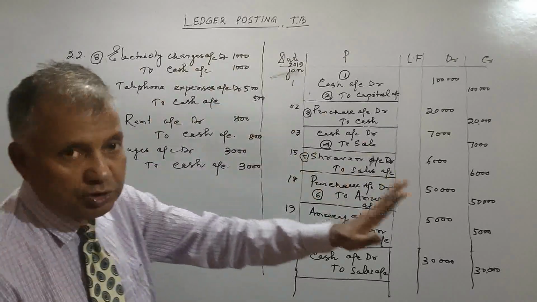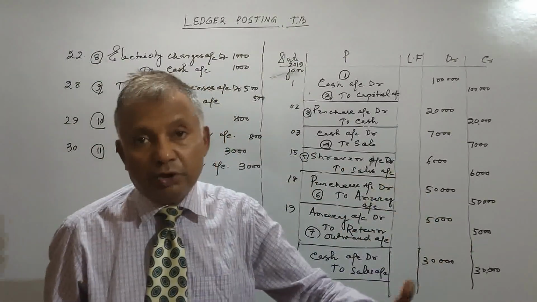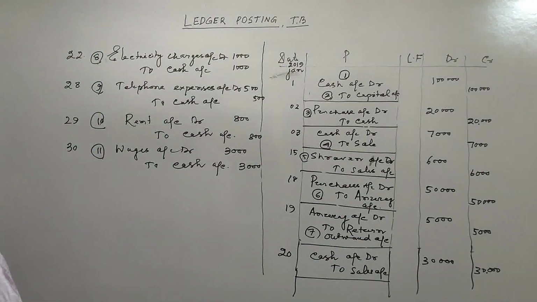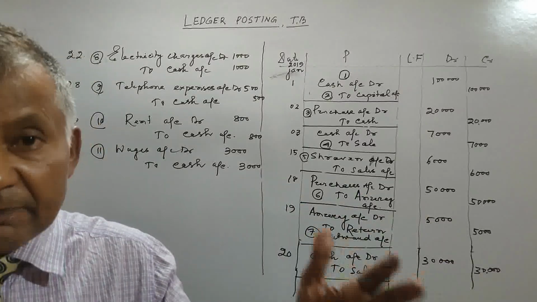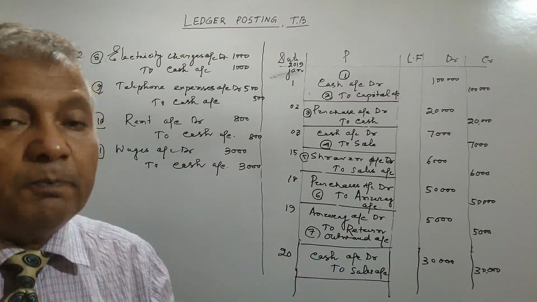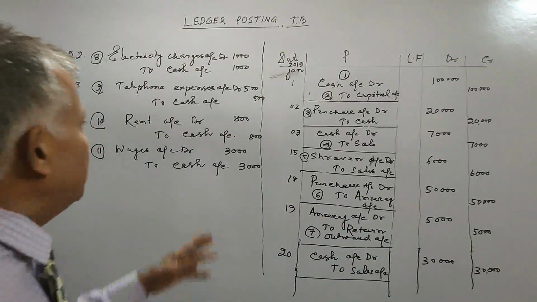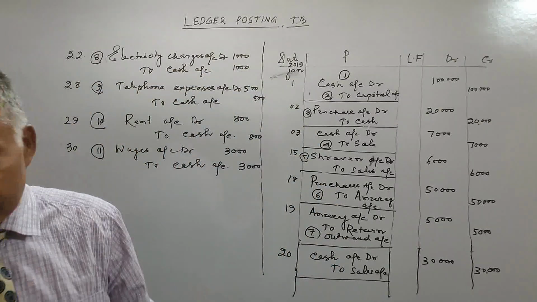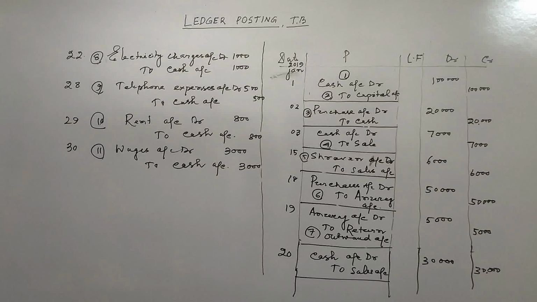We will make a posting over there. I will show you how to make a posting. Let us prepare the ledger. And you know the ledger format. You please open 11 accounts in your notebook and we will start the posting of the ledger.